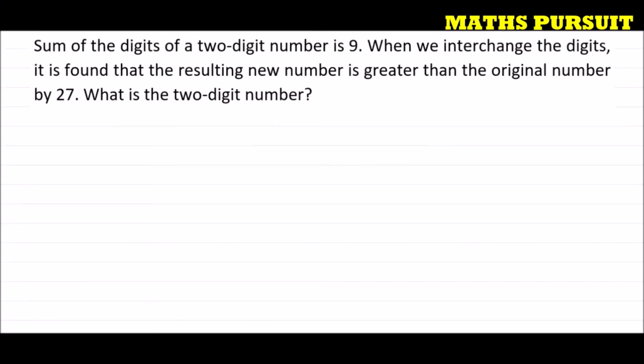The question is telling us here, sum of the digits of a two-digit number is 9. When we interchange the digits, it is found that the resulting new number is greater than the original number by 27. What is the two-digit number? So guys, we do not know the two-digit number. So let us assume the two-digit number to be xy.